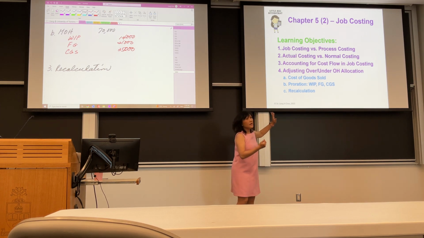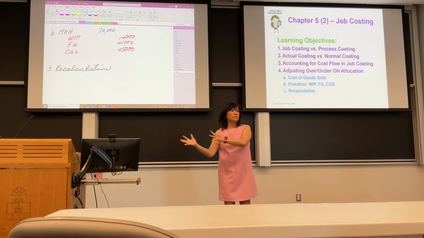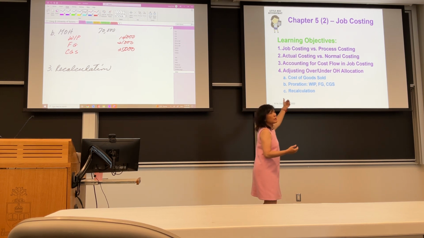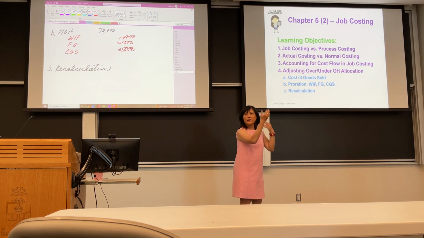Knowing the cost flow, I know eventually all the overhead goes to the product, cost of goods sold. So I can use the first method, going to cost of goods sold, if the amount you don't think is too big. If you think the amount is big, what do you do? You prorate it, based on the account balance of each account, the 3 accounts: work in process, finished goods, cost of goods sold. You split the one amount into 3 accounts.